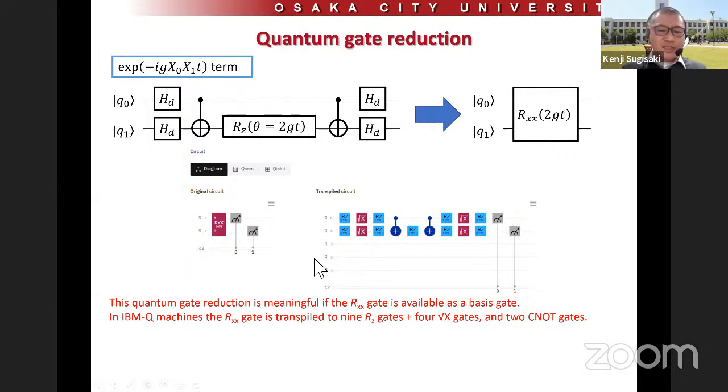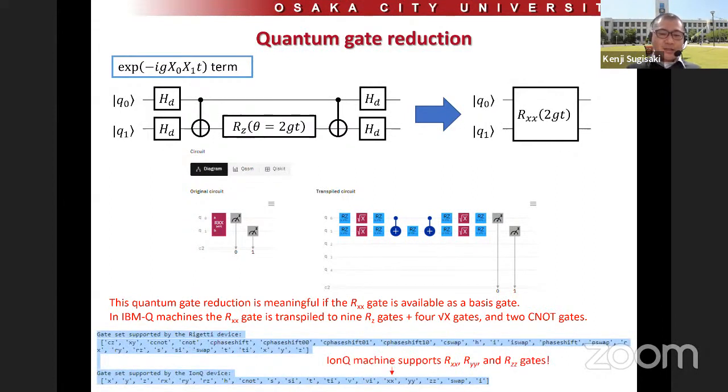So in the IBM Q machine, this RXX gate is transpiled to 9 RZ gates, 1, 2, 3, 4, 5, 6, 7, 8, 9, and 4 root X gates, and 2 single gates. But this is available in the Amazon Braket service, which is used to access the related machines, IonQ machines.